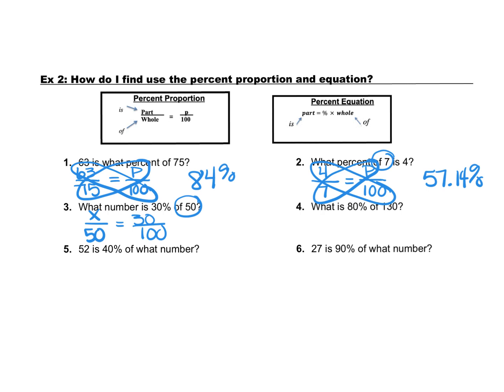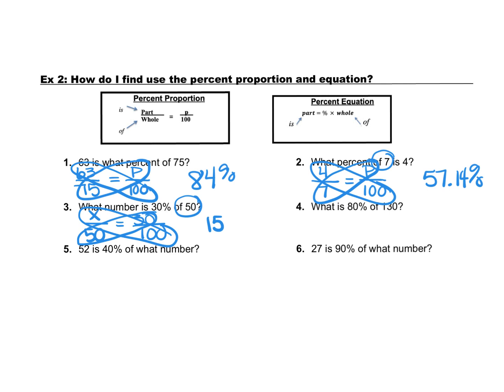So again, this one we could take 50 times 30 and then divide by 100. And you would end up with 15. So 15 out of 50 would be equal to 30 out of 100. Now, if you're using the percent equation, some people would be turning that 30% into 0.30 and timesing it by 50. And either one is just fine.